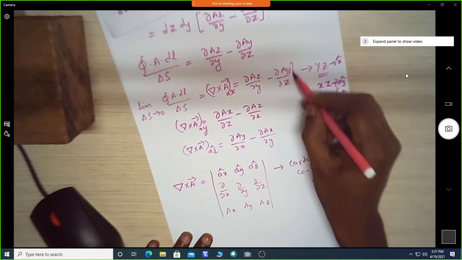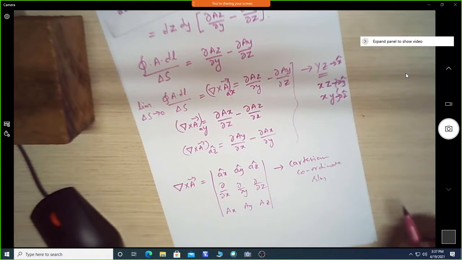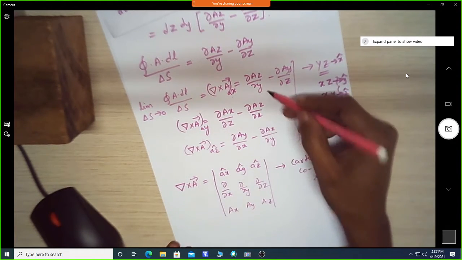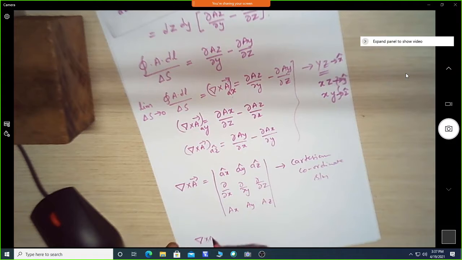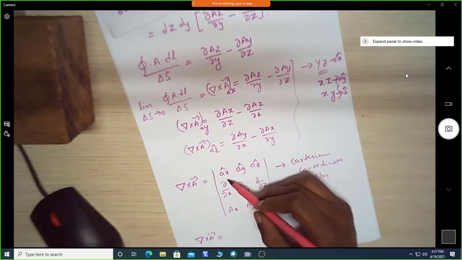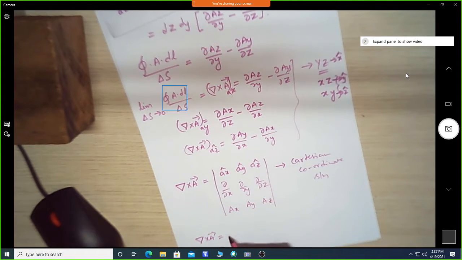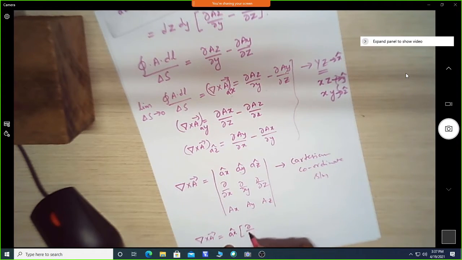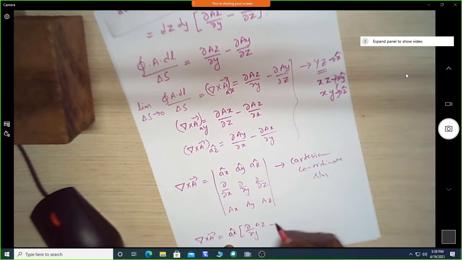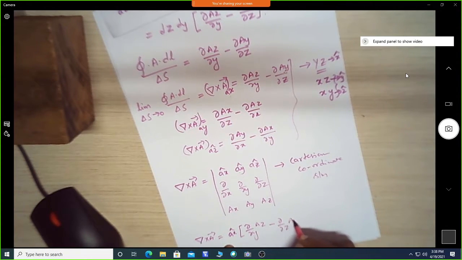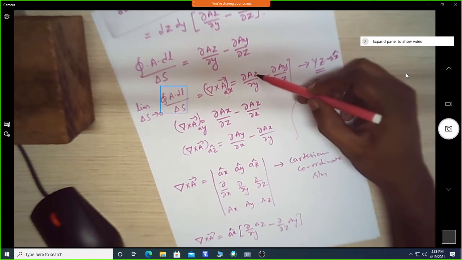By combining all these things, we get it. We can expand this, and we will get back the same result. So del cross A, we can expand in the directions of ax, ay, az. In the direction of ax, it is del by del y of Az minus del by del z of Ay. That is what we have derived here.